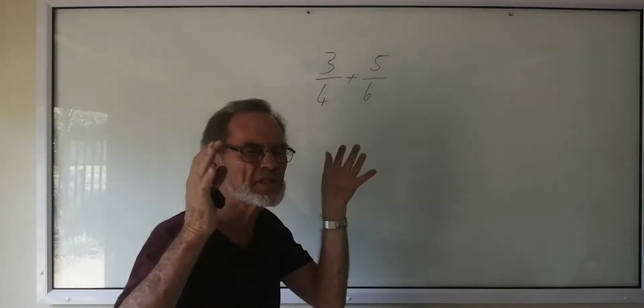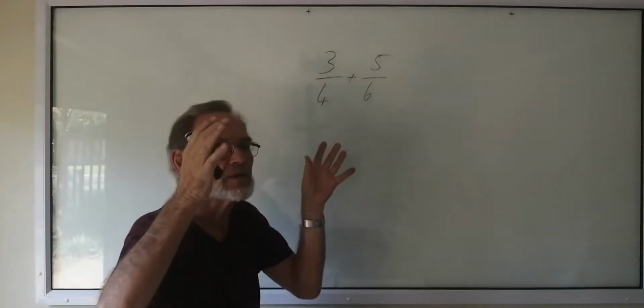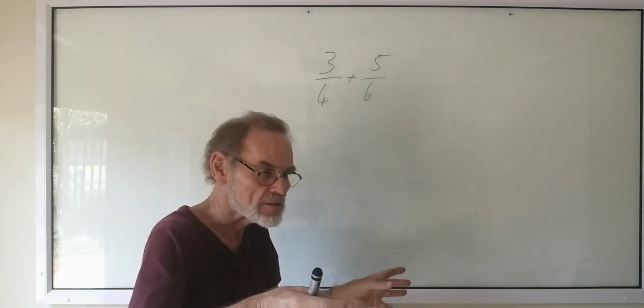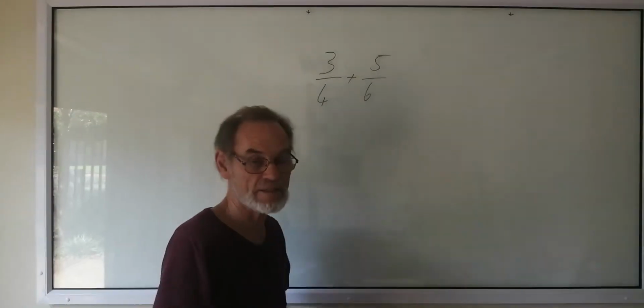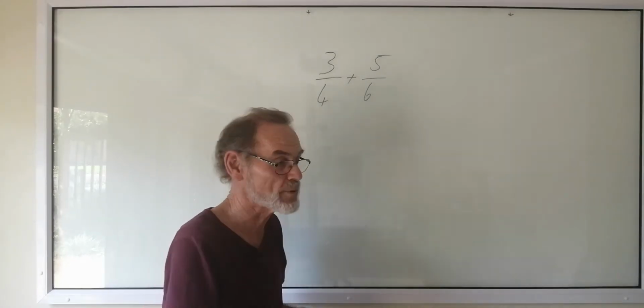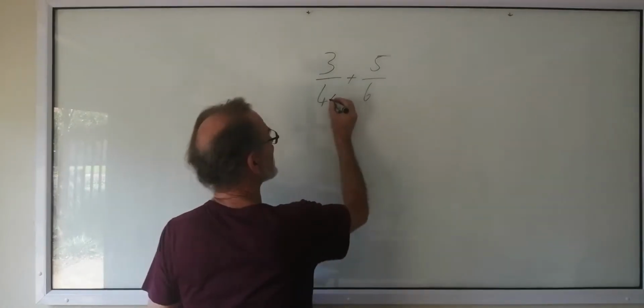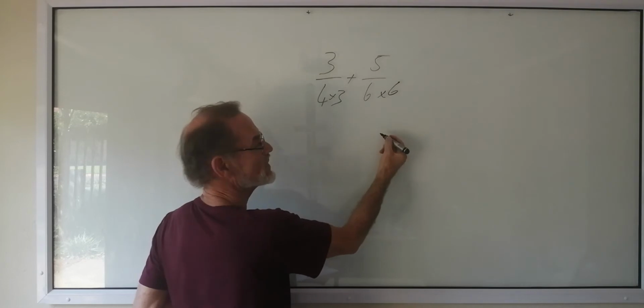What number can you see in your head when you hear 4 and 6? What is it? 12? Yes. 4 and 6 are both factors inside 12. Not prime factors, just factors. Okay? So if we multiply 4 by 3, we're going to get 12. If we multiply 6 by 2, we're going to get 12.